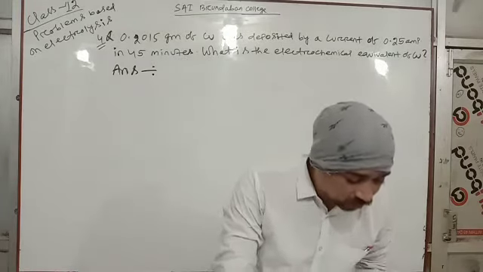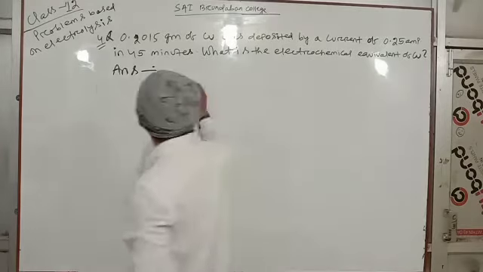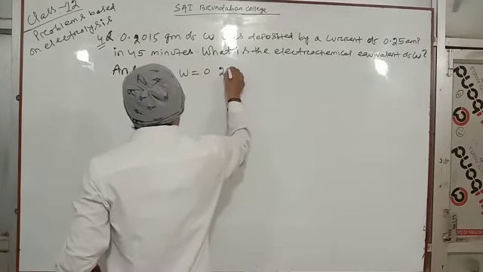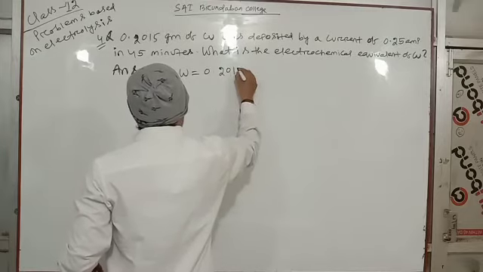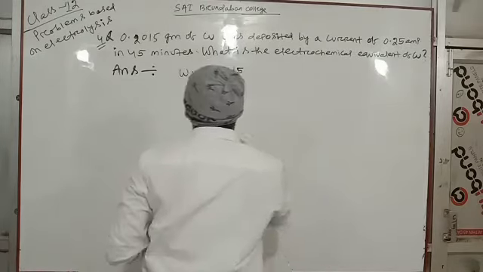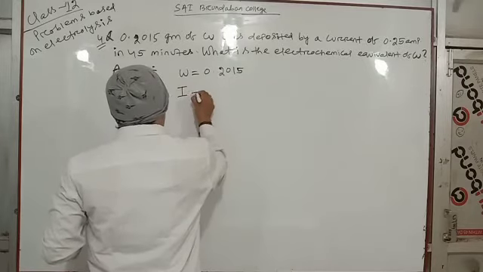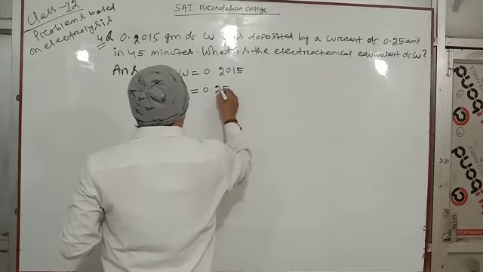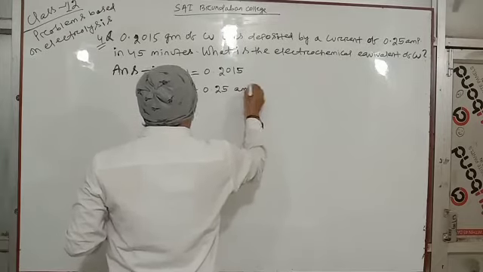See, W is given: 0.2015. Current I is 0.25 ampere.